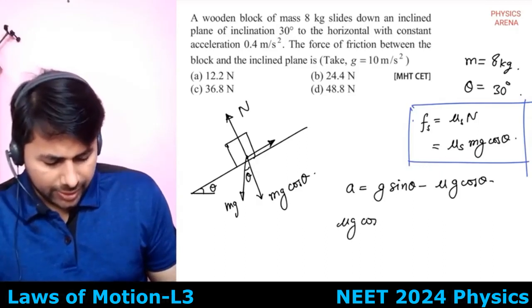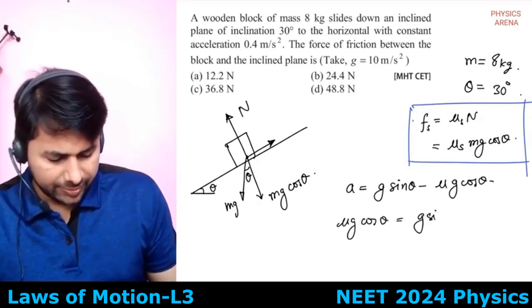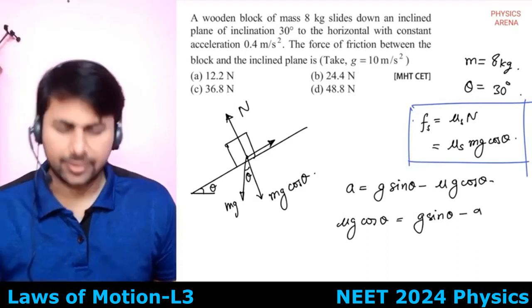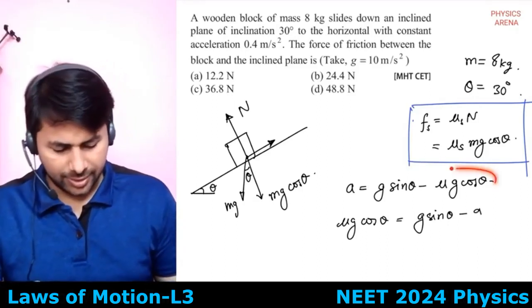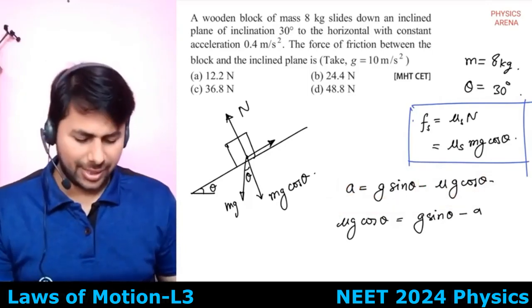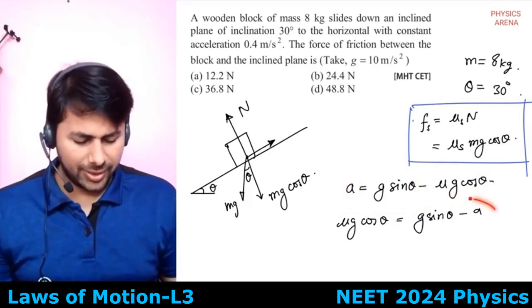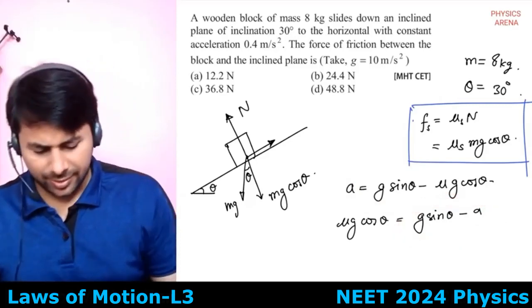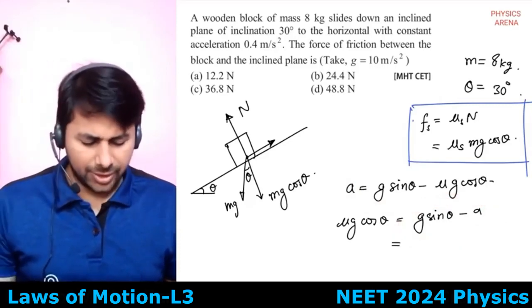Mu g cos theta will be equal to g sine theta minus a. I'm moving A on this side, so I had missed a sign here. So now there is no problem.